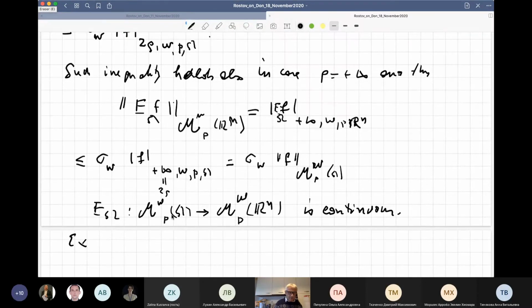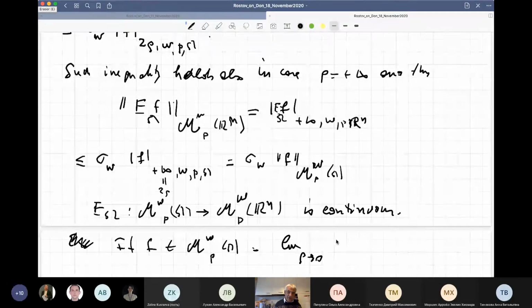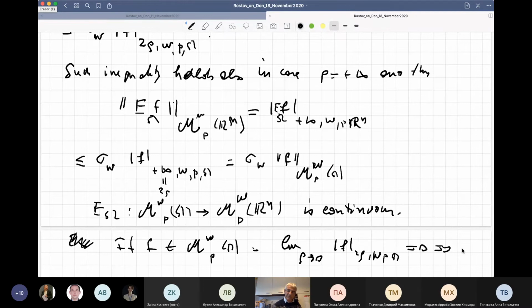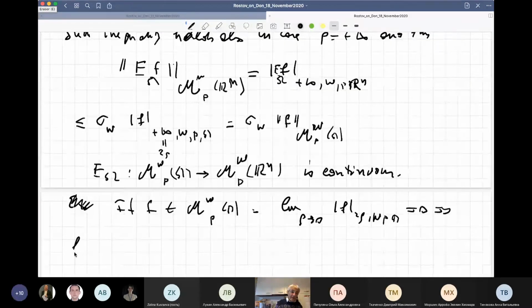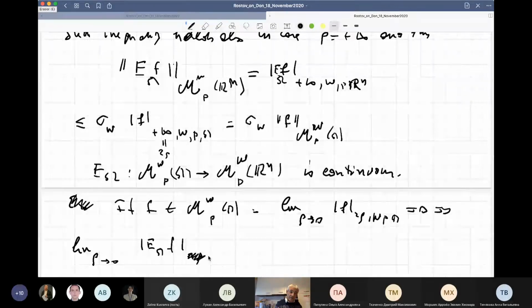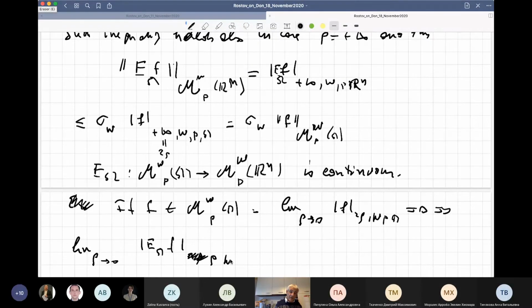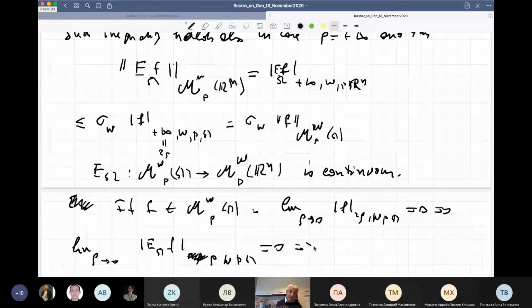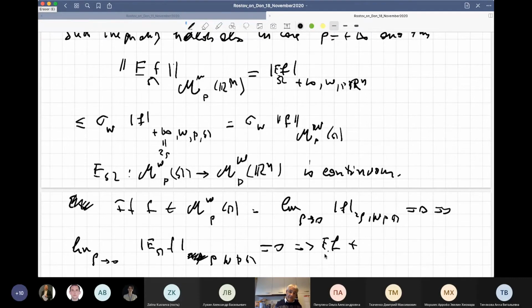Oh, by the way, if F is in a vanishing Morrey, the limit as rho tends to 0 of the norm of F in WP omega equal to 0, implies by the inequality that the limit as rho tends to 0 of E omega F is 0. Sorry, not to rho, rho WP omega equal to 0 implies E omega F is in the little Morrey.